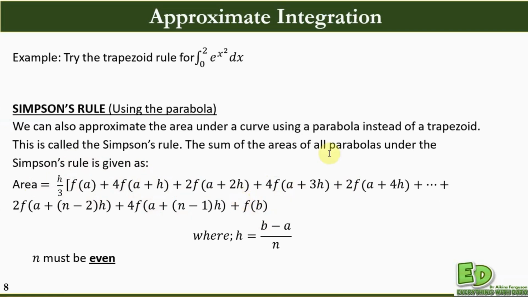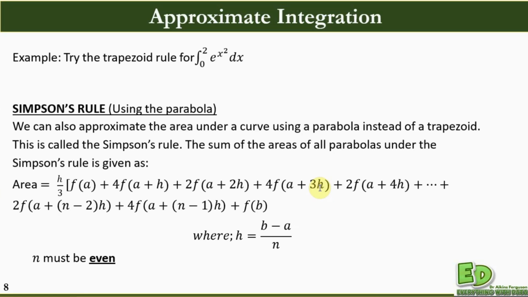So the coefficients under Simpson's rule are 1, 4, 2, 4, 2, and so on. You multiply the first number that you have by 1, and the numbers in the middle are multiplied by 4, 2, 4, 2 each.